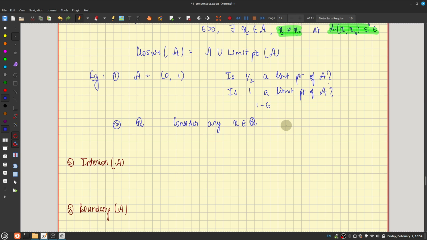You can, because you can just take x plus 1 by n for large enough n. For example, if you want within distance epsilon, the easiest thing is x plus 1 by n, where you choose n large enough. Effectively, you take any n which is greater than or equal to 1 by epsilon. That will do.